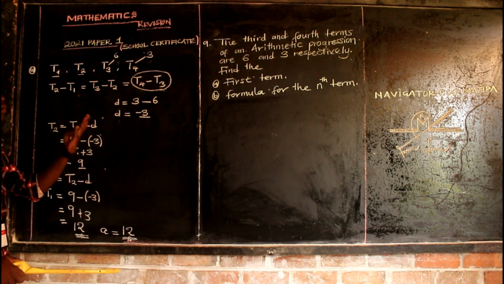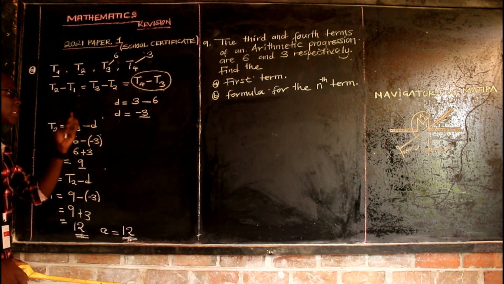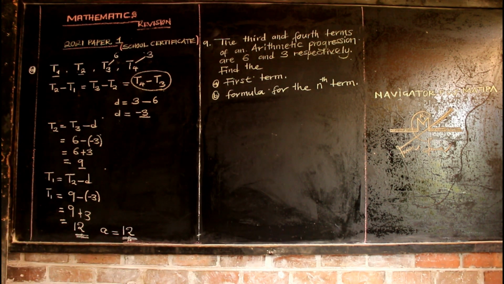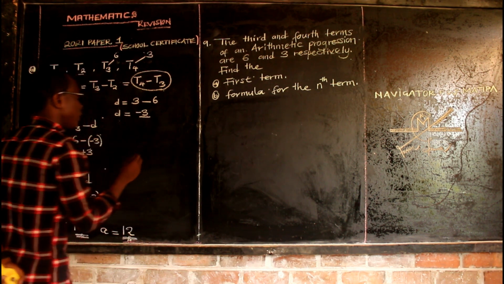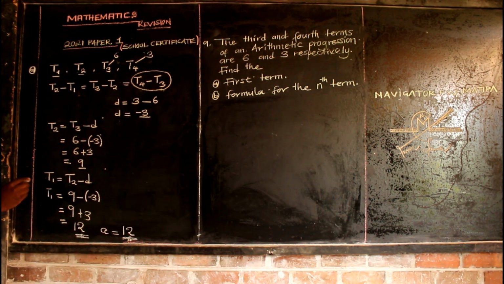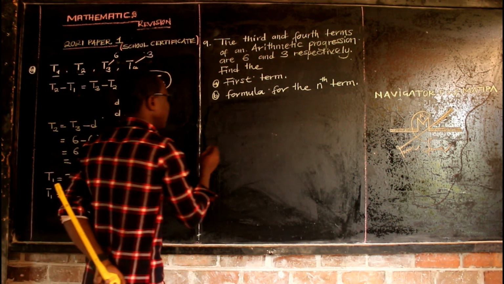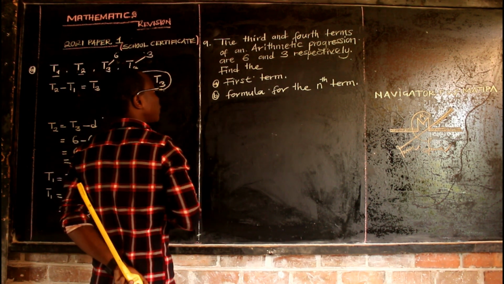But alternatively, there are many methods of answering this particular question. You can also do this. Since we know the formula for finding the nth term of an arithmetic progression is what?